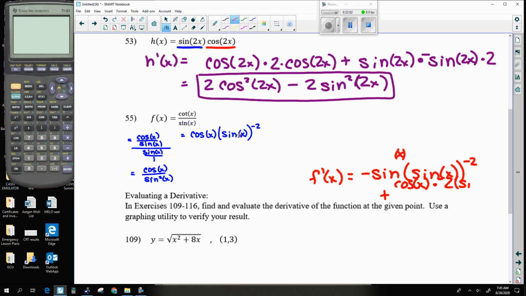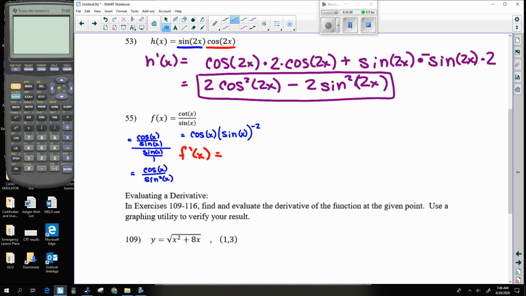All right, so I'm just going to start fresh, so it's not all over the place. I'm stemming off of this cosine sine x to the negative 2. Here we go. So the derivative of cosine is negative sine. Leave the second piece alone.